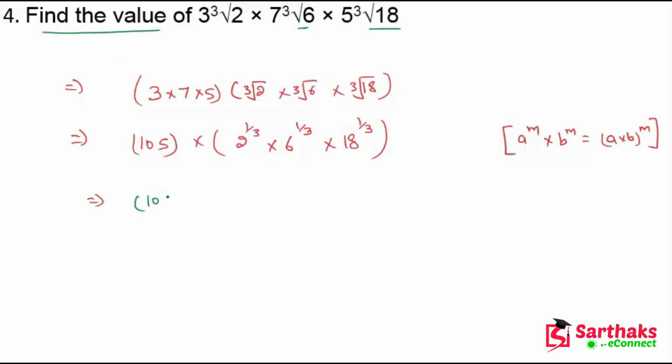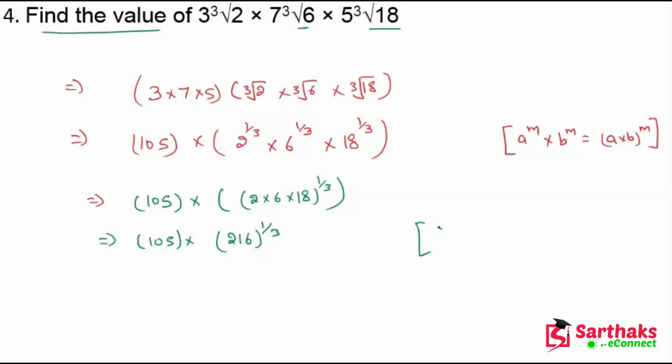We can write 105 into 2 into 6 into 18, and it is raised to power 1 upon 3. Okay, understand my dear friend? So 105 into, after solving this, we get 216 raised to power 1 upon 3.